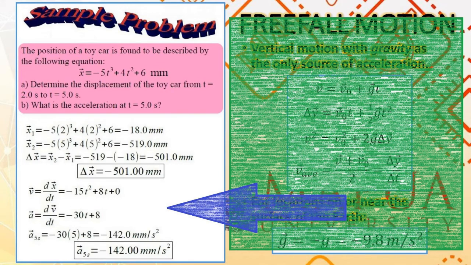Now that we have the equation for acceleration, all we need to do is to plug in the value for time, and we get the acceleration for that time value. So plugging in 5 seconds, we get the acceleration at 5 seconds, negative 142.0000 millimeters per second squared.